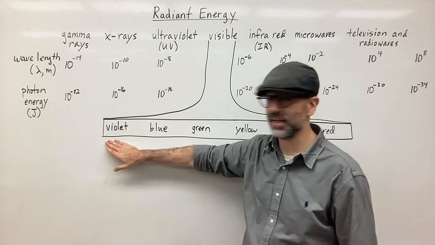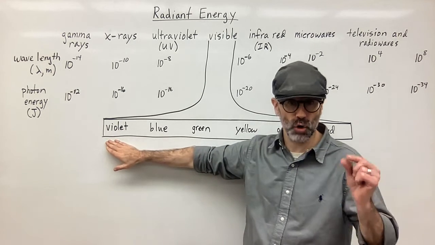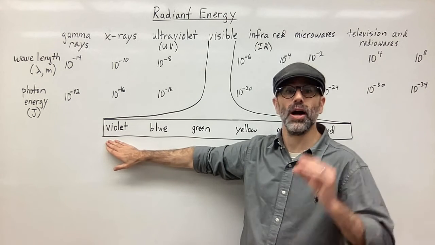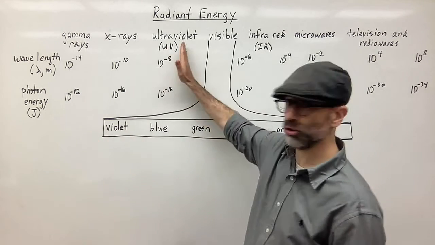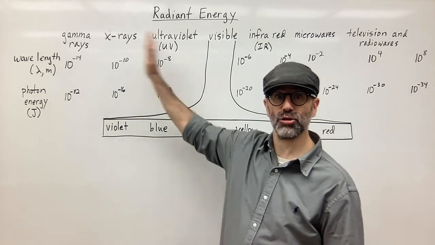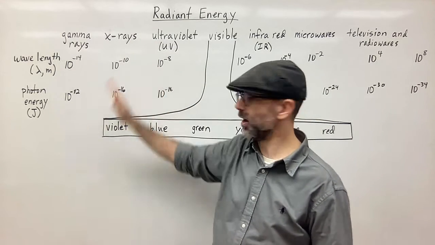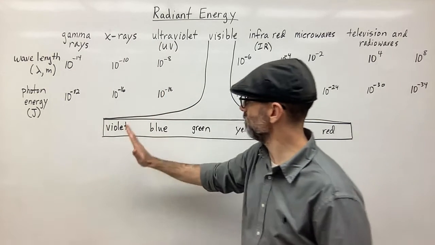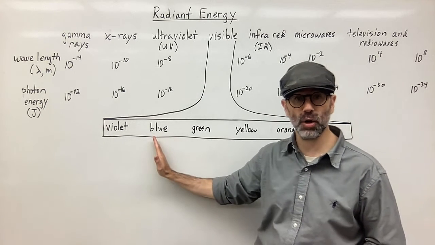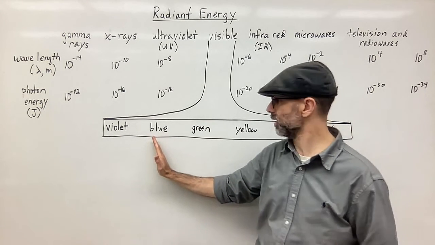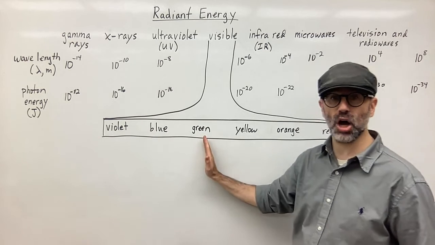So violet light has a shorter wavelength and therefore higher energy. Beyond violet is ultraviolet, ultra meaning beyond. Then you have violet, and the next one is blue. So we're getting lower energy, longer wavelength. Green, lower energy, longer wavelength.